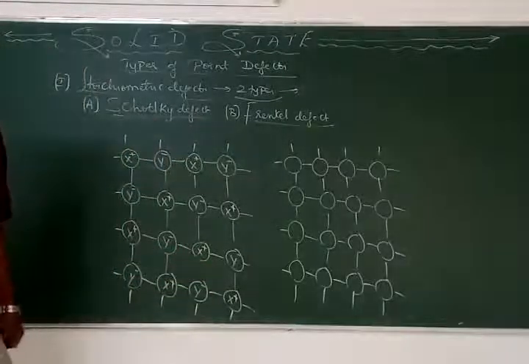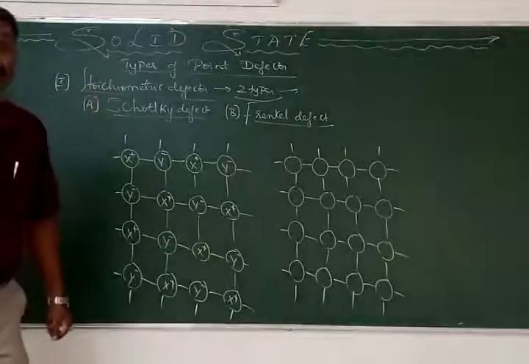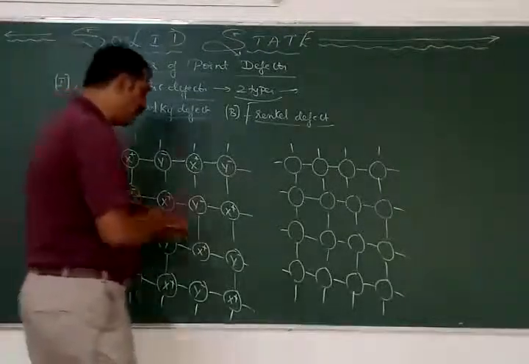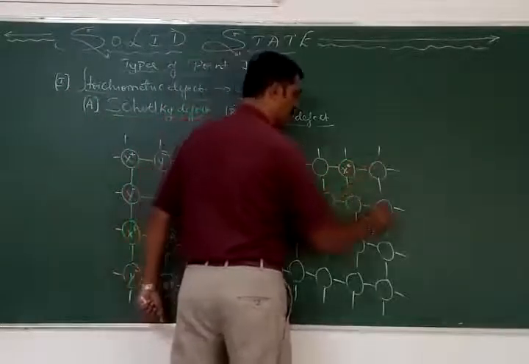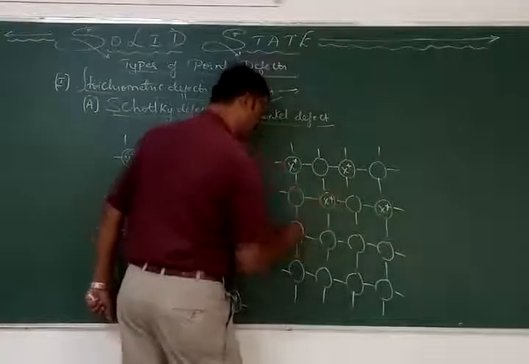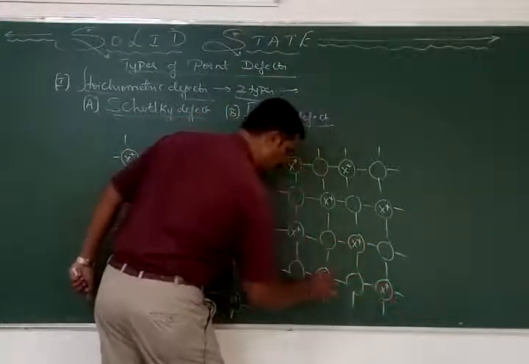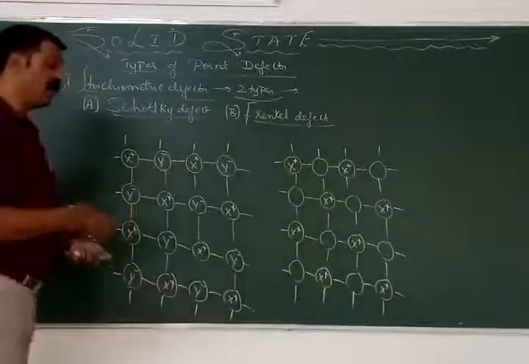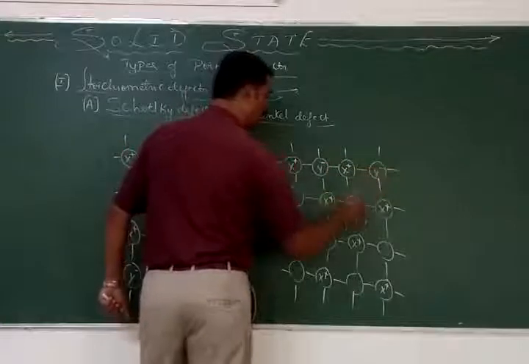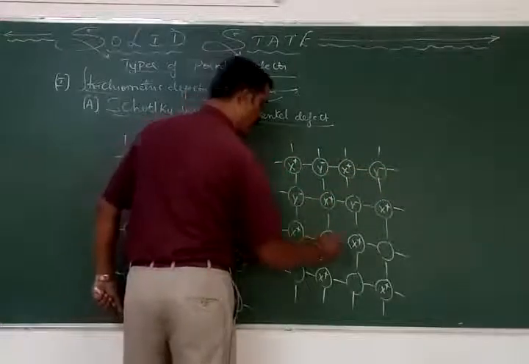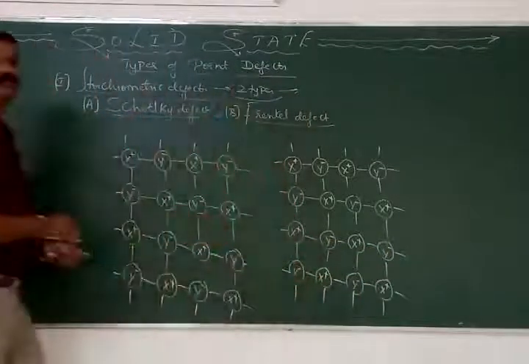It is an ionic crystal of XY, where X is a cation called X plus and Y is an anion called Y minus. I will write the same thing here. Same x plus, x plus, x plus, x plus, x plus, x plus, x plus. Now we will have the anion in the form of y minus, y minus, y minus, y minus, y minus, y minus, y minus and then y minus.